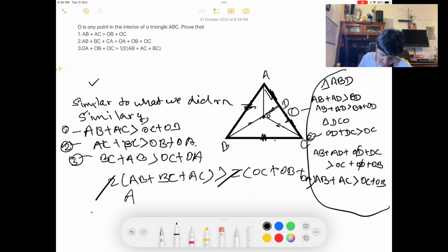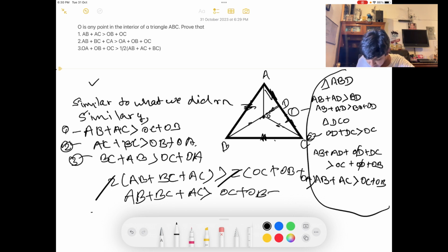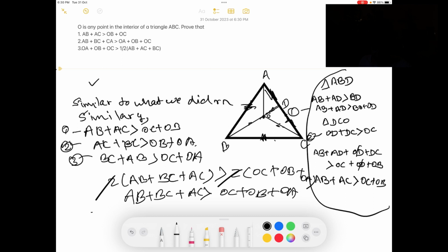And on both the sides we have 2, so after cancelling them we get AB plus BC plus AC is greater than OC plus OB plus OA, and this is what we had to prove, right?